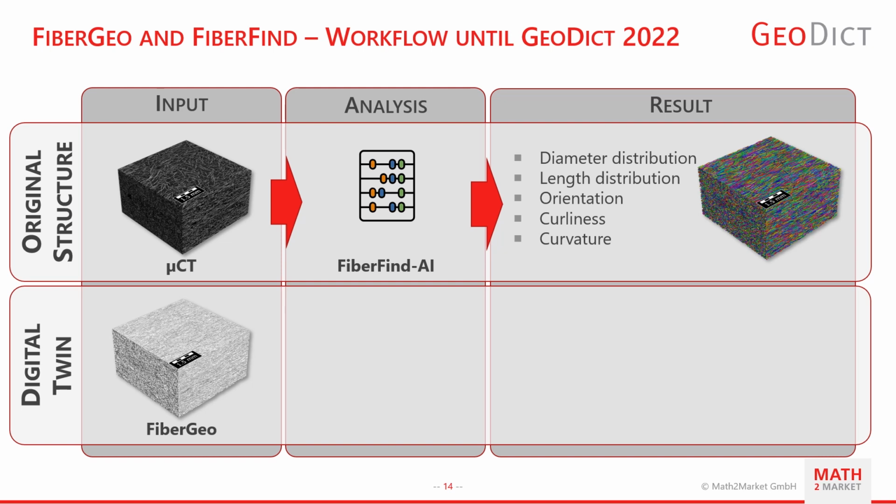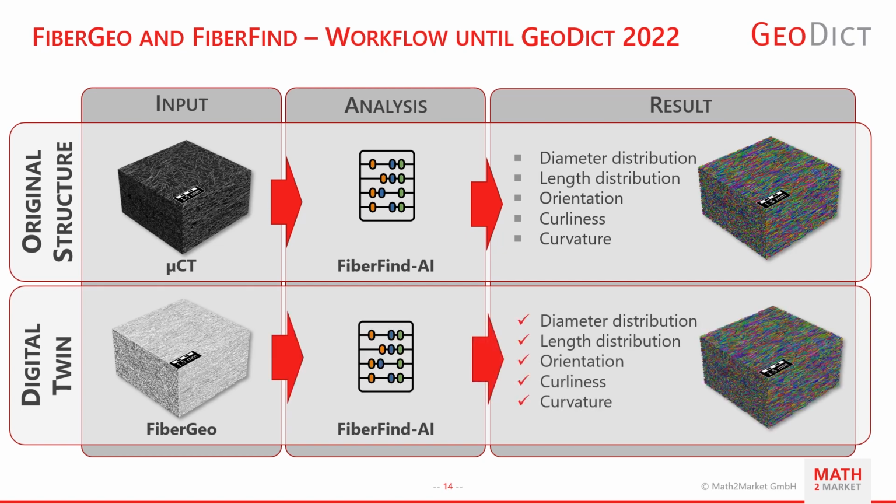After we generated the model with FIB-Geo, then with GeoDict 2022, we still need to run FIB-Find AI again on our generated model, to obtain the same parameters we had for our original structure. And we can then compare them to make sure we have an actual digital twin, not something completely different, which would be not good.